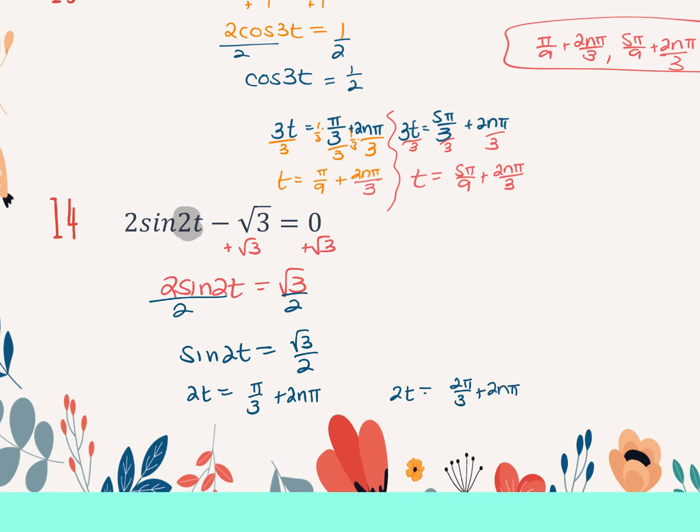This time I'm dividing both sides by 2. So I get pi over 6 plus n pi, because the 2's are going to cancel, and 2 pi over 6, which becomes pi over 3, plus n pi.